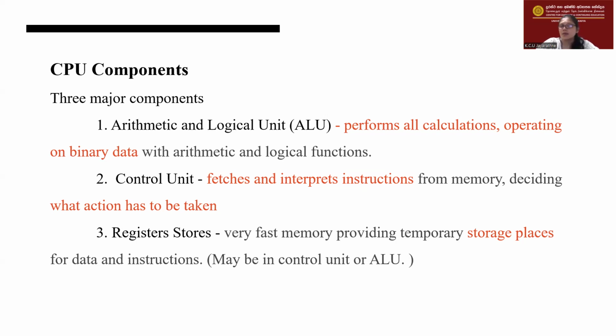So the CPU has three main components: the arithmetic and logic unit, the control unit, and the register storage. The control unit decides what actions have to be taken, and the register store is the fast memory that provides temporary storage for data and instructions.